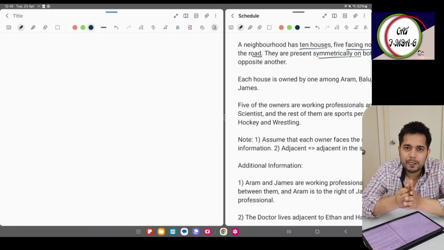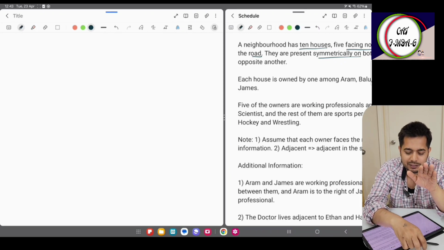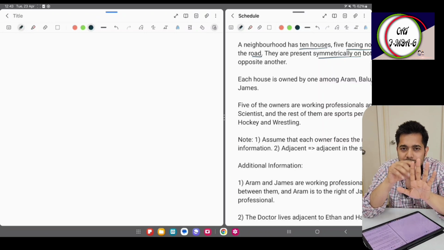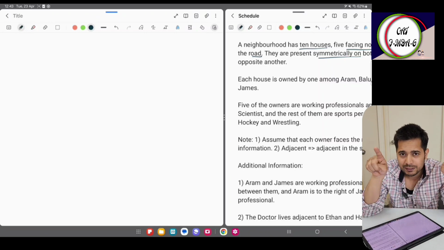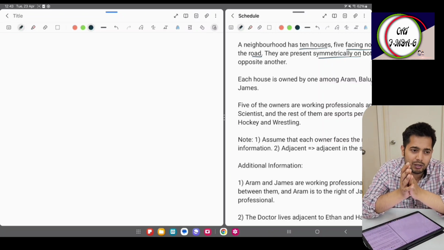So while solving the sets, especially try to solve from the left hand side of the paper, so that you get two sheets like this, and divide those sheets into different parts, and then try to solve.